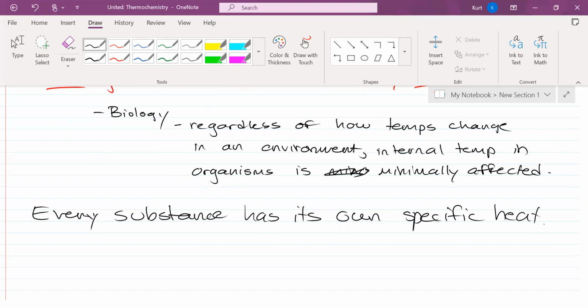See if I find a decent chart here. Let's see. Okay, here's one. Steel.